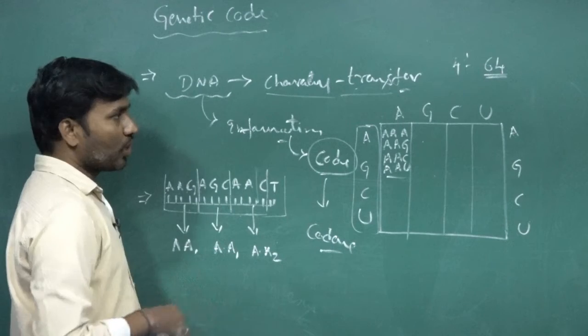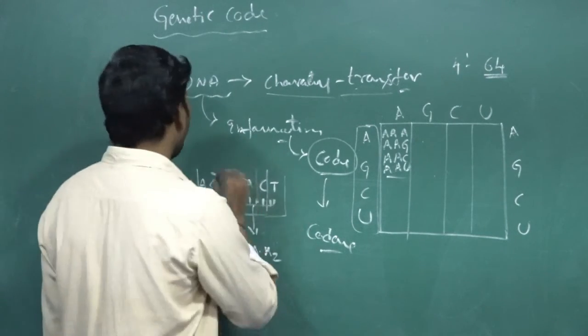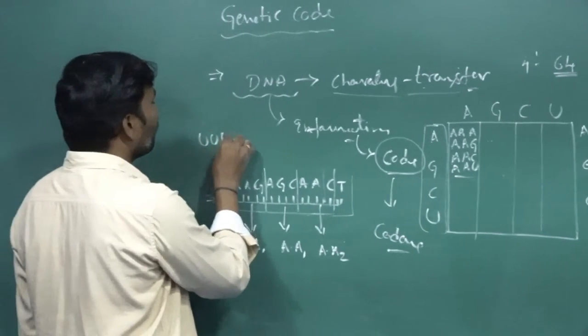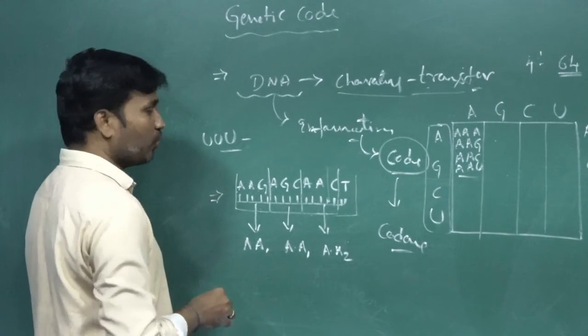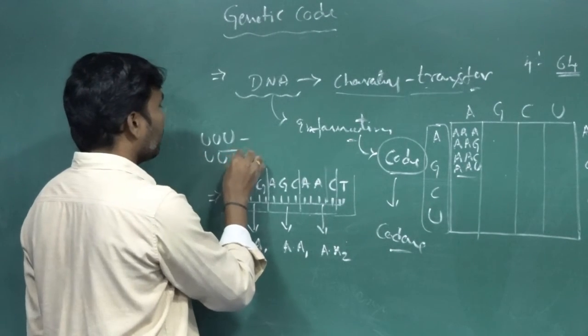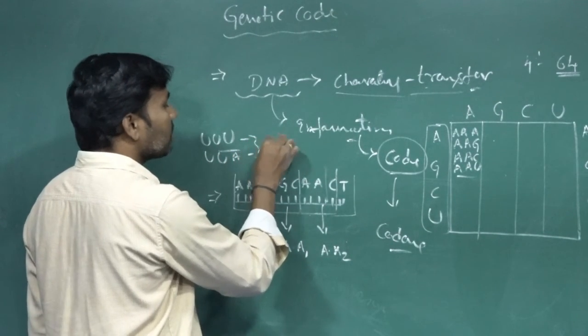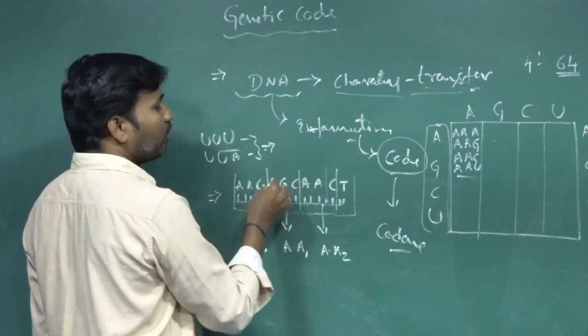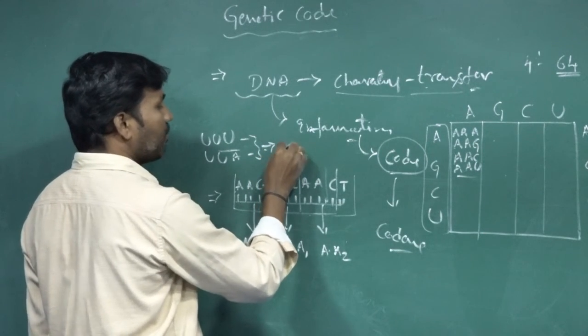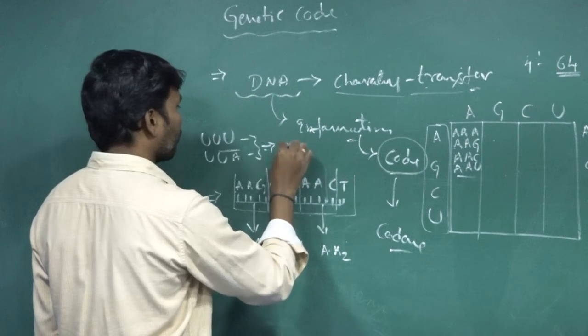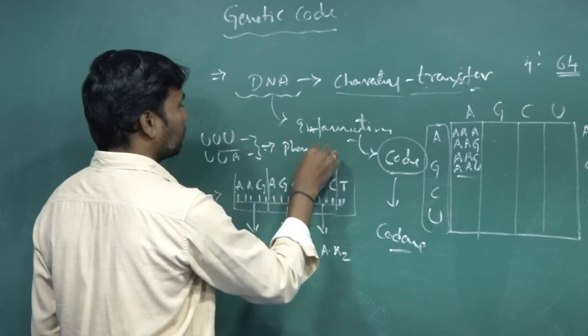For example, if you take UUU, the triple U, or UUA, it is going to be synthesized into the amino acid phenylalanine.